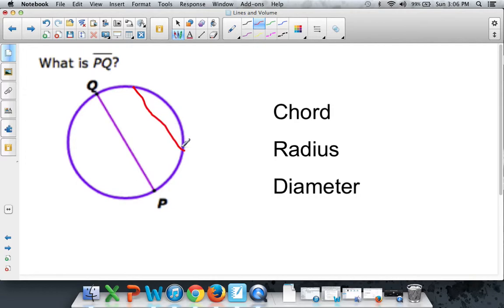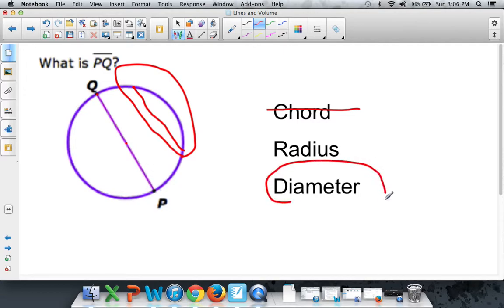The one I drew in red is a chord, but this one over here in purple is special. It's like a chord, but it goes from one side of the circle and passes through the middle of the circle. If it passes through the middle and keeps on going to the very end, that is a diameter.